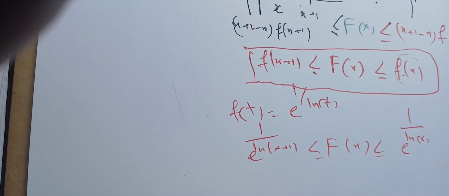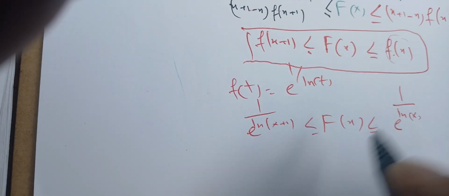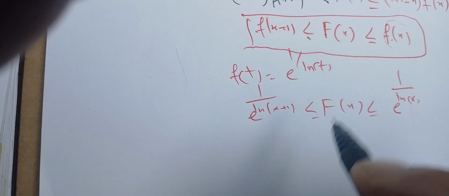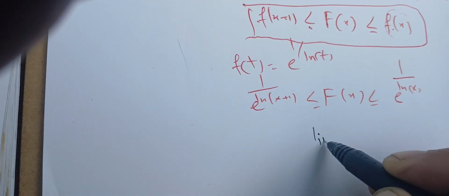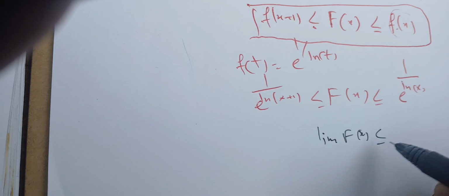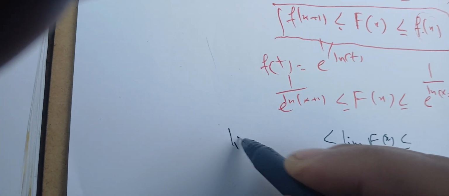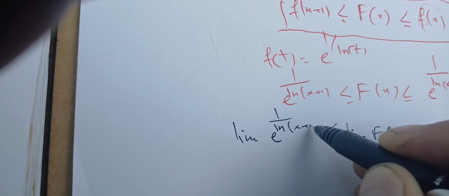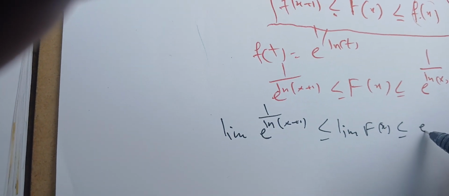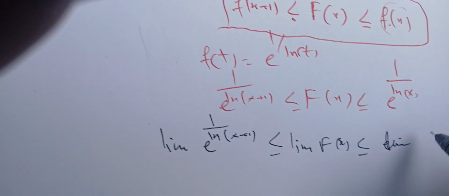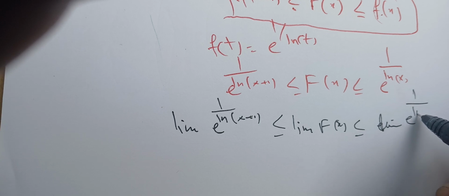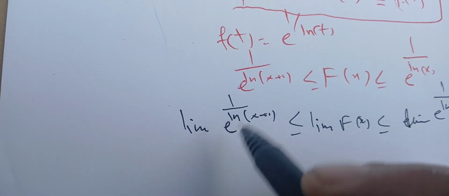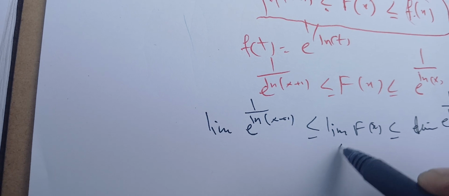Okay, now we're almost done. Since the exponential is continuous, I can take the limit of big F of x, and the limit on the left of e to 1 over ln of x plus 1, and here the limit of e to 1 over ln of x. I can take the limit inside because the exponential is continuous.